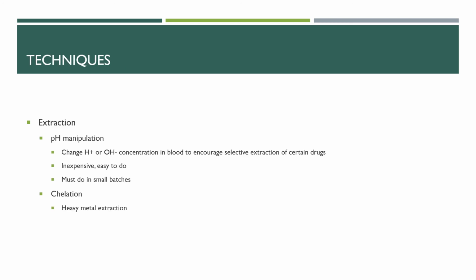Techniques of the toxicologist include pH manipulation. Basically, certain drugs will behave differently in your bloodstream if you change the acidity level, if you make it more acidic or more basic. You can use that tweaking of the blood or whatever bodily fluid you have to encourage selective extraction of certain drugs.